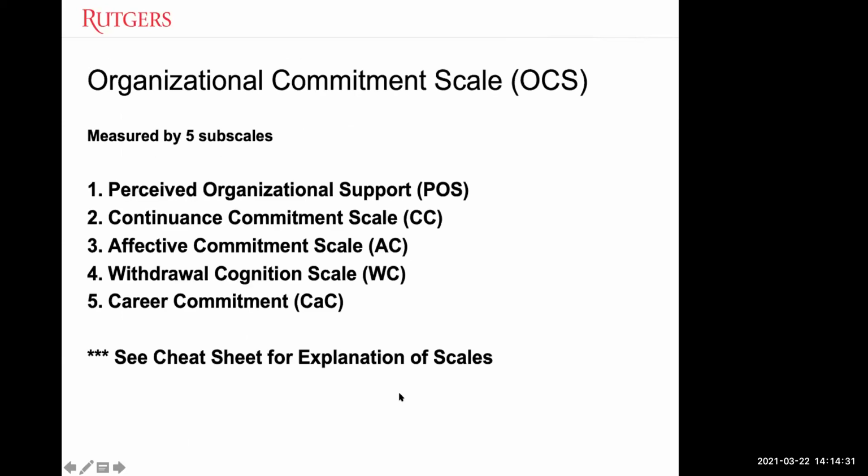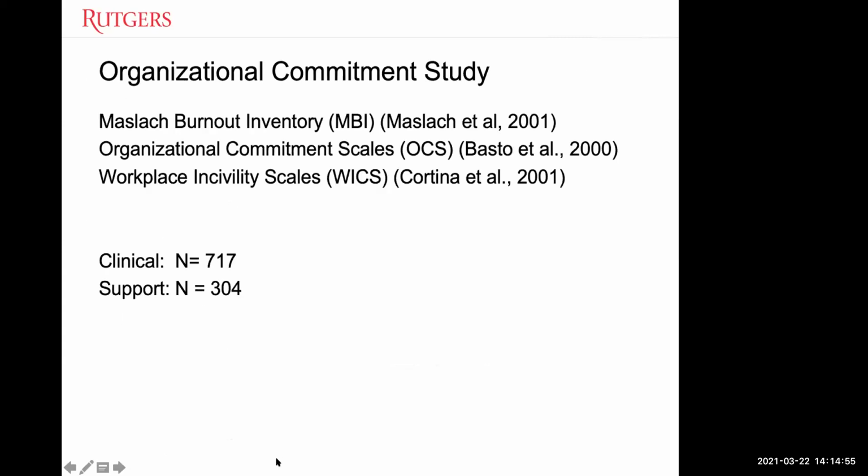So some of the resources you're going to get, if you're interested in measuring anything, these are quite well utilized and normed, often normed for use in mental health. And I gave you a cheat sheet that will show you more details. And when you have my email, which is on the first page of these presentations, if you're interested in any of this, feel free to reach out to me. I've done it quite a few times.